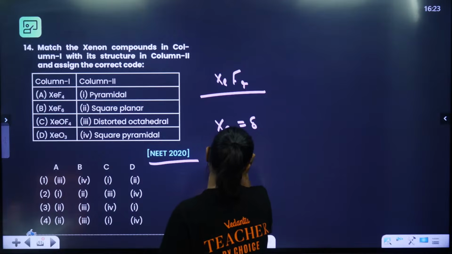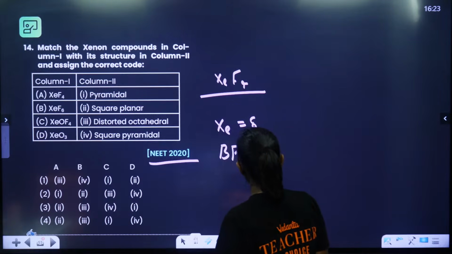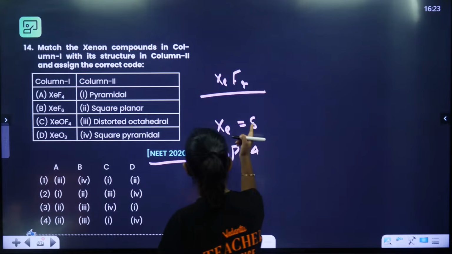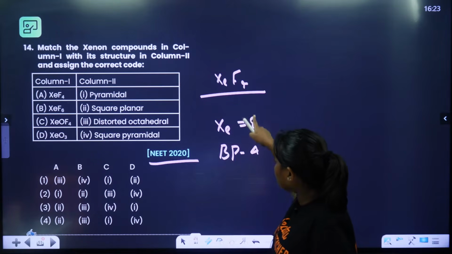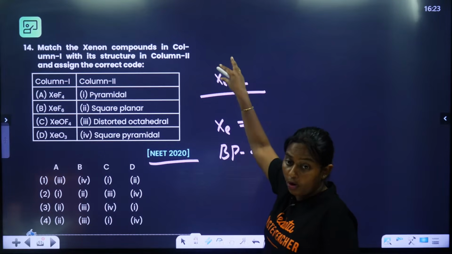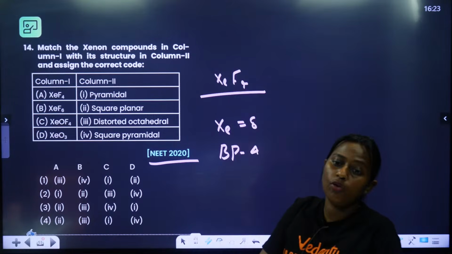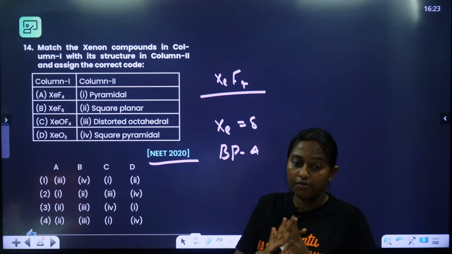So here I am writing bond pair is 4, and what is the lone pair? How many lone pairs are there? We know that 2 lone pairs are there, okay. So xenon has 8 electrons. 4 fluorines are bonded with 4 electrons of xenon, okay.